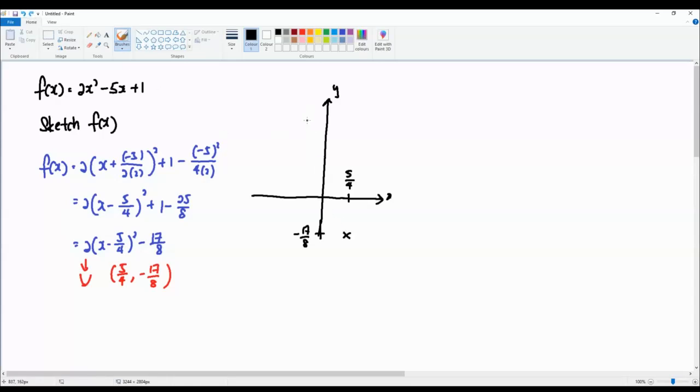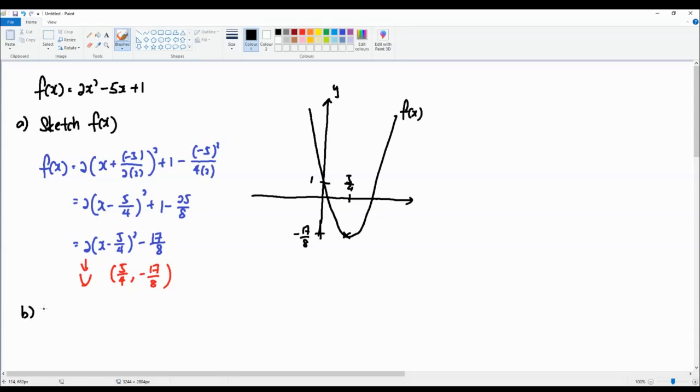Maybe I should move 5 over 4 to the side a bit. Okay, let me erase this one. So this is my 5 over 4 and this is my y-intercept 1. So this is f(x). I've sketched f(x) already. So this is my first question.